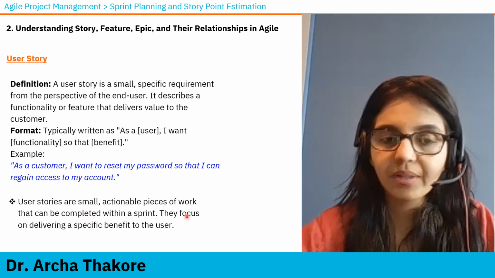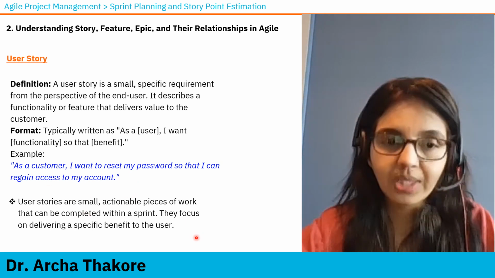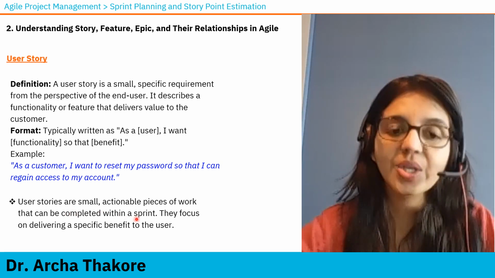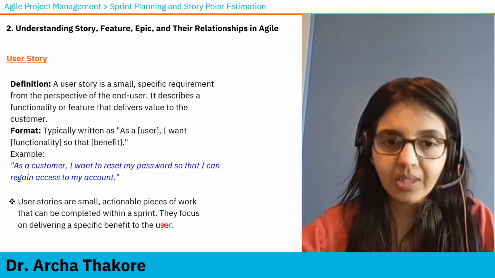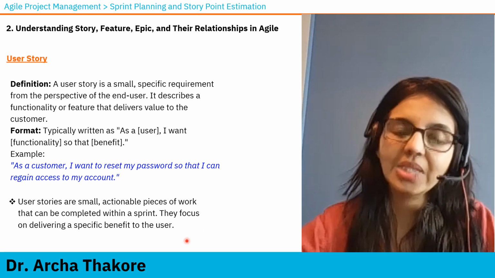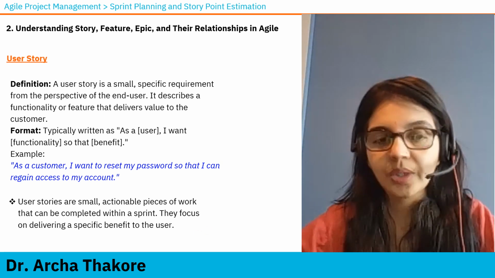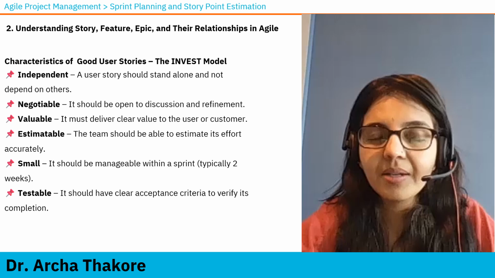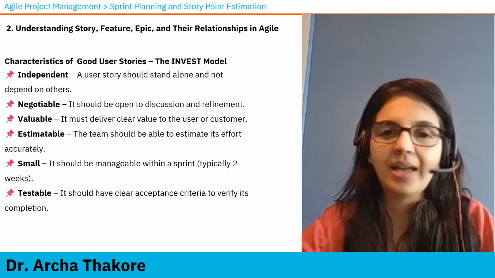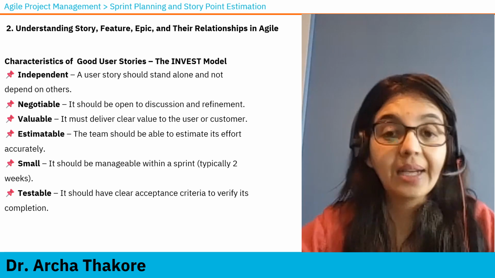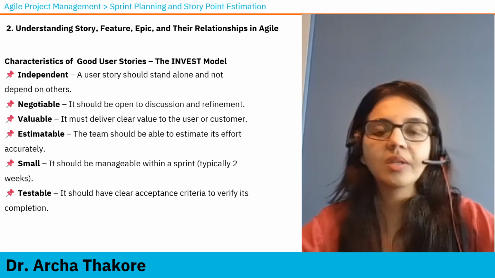Let's take a look at what user stories are again. User stories are small, actionable pieces of work that can be completed within a sprint. They focus on delivering a specific benefit to the user. There is this INVEST model. It's a mnemonic, or you can say acronym, for the characteristics of stories.